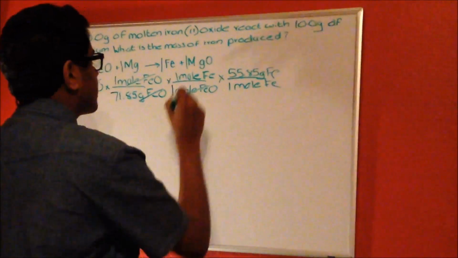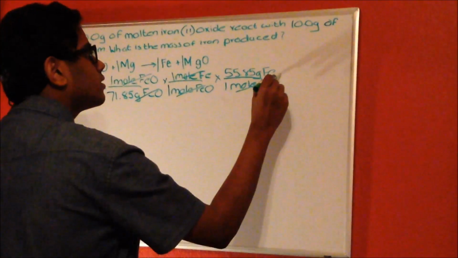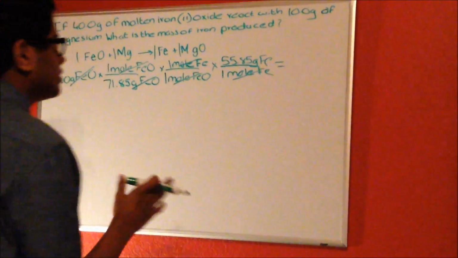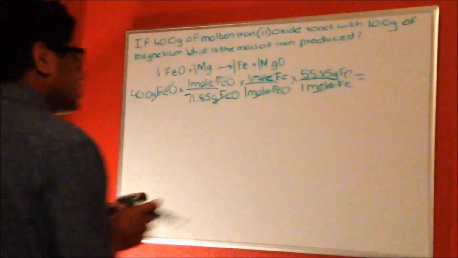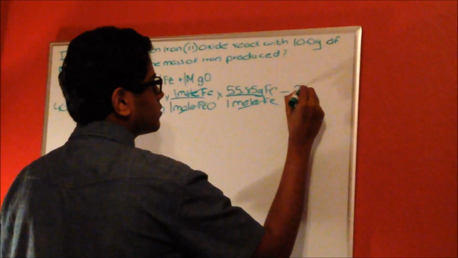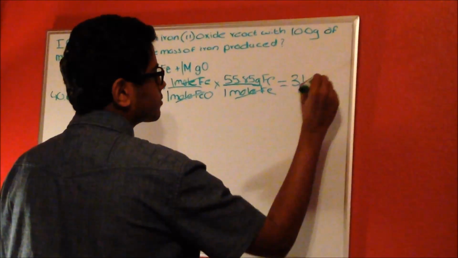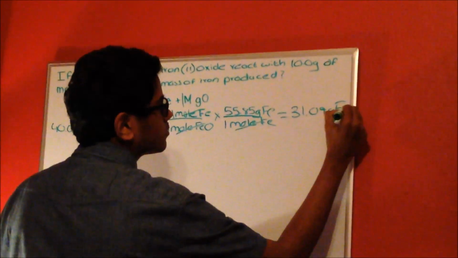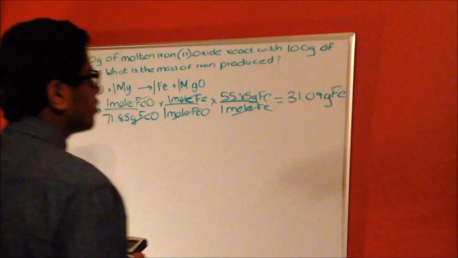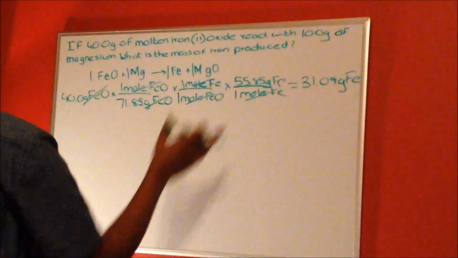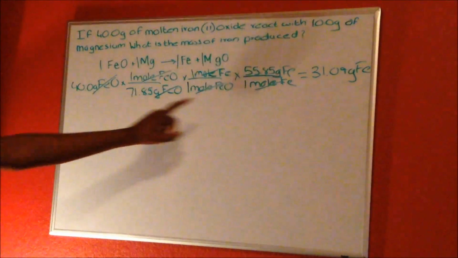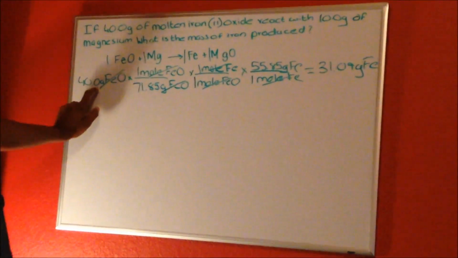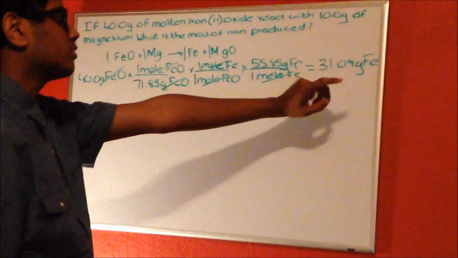Now we can cancel the mole of Fe out and plug this into the calculator, and we get 31.09 grams of Fe. So that's what we get on the first step of this problem: 40 grams of FeO produces 31 grams of iron.